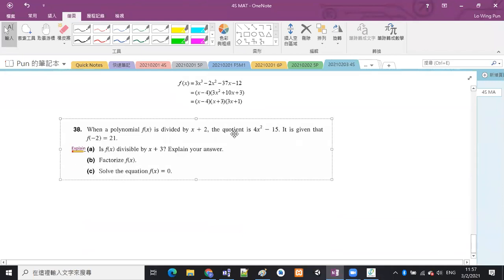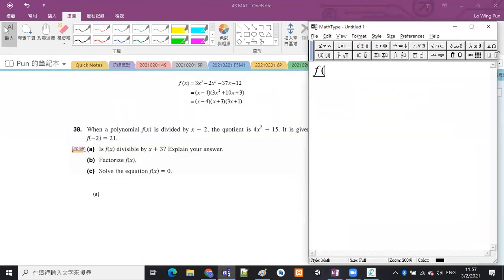好，又係咁樣喎。佢今次俾一個 quotient 嚟，咁即係我哋唔可以直接用個 remainder theorem 啦，係嘛？咁我哋要用個 division algorithm 咯。Okay, so f(x) is identical to (x plus 2) times the quotient (4x squared minus 15) plus the remainder.